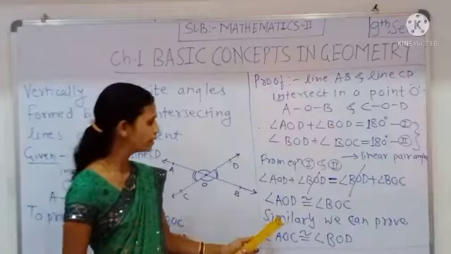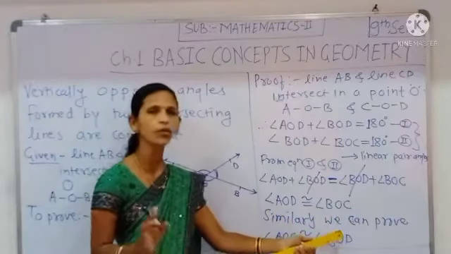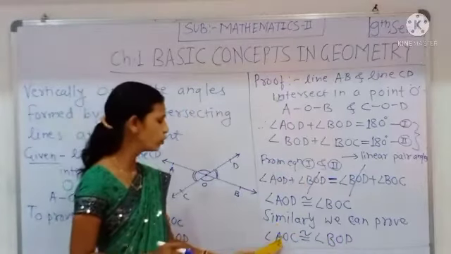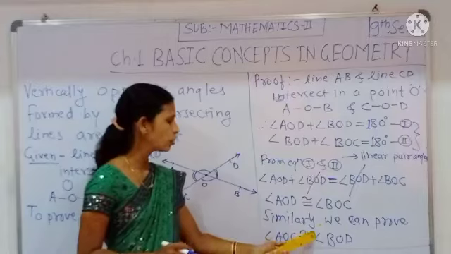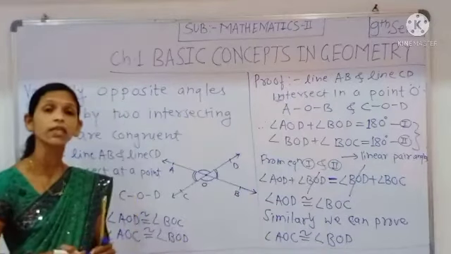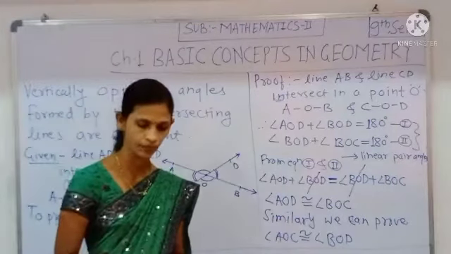We can only write that similarly we can prove angle AOC congruent to angle BOD. That means by this method we can also prove angle AOC congruent to angle BOD. That is the direct method to prove the properties of a theorem.